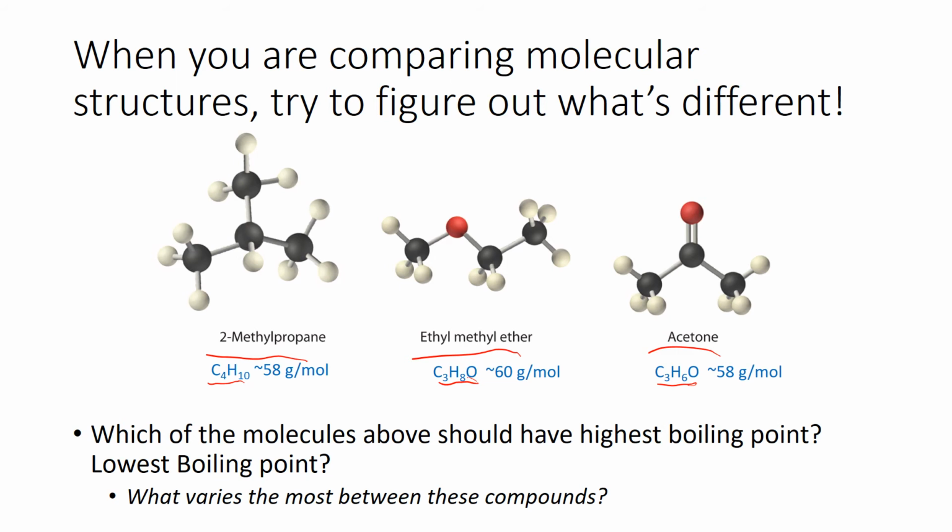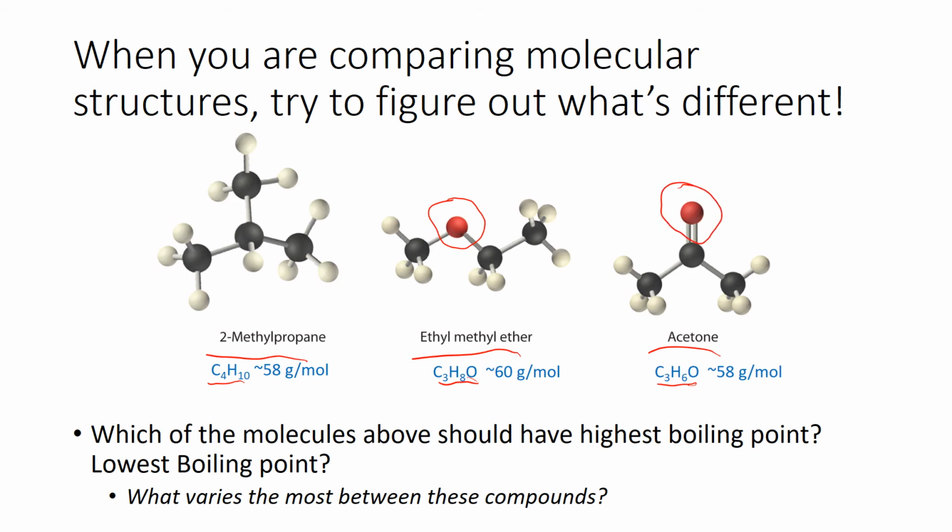But when I look at the structures, what I see that is significantly different between the molecules is the presence of oxygen. So the red sphere in these ball and stick diagrams always represents oxygen.